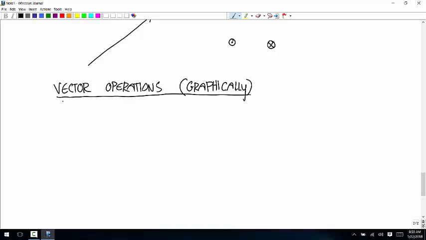There are two operations we're going to do. The first is adding two vectors, and the second one is multiplying a vector by a scalar.